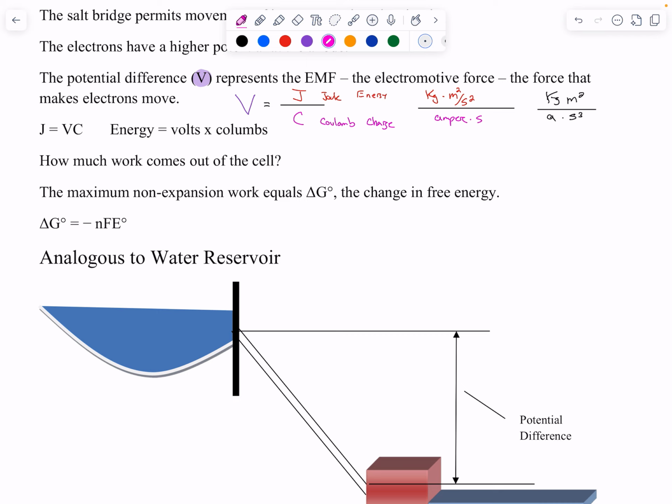So one coulomb is the quantity of charge that passes a point in an electric current circuit when a current of 1 ampere flows for 1 second.